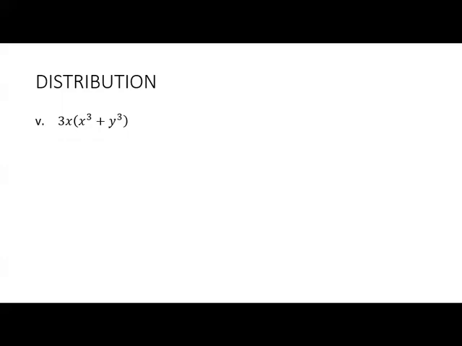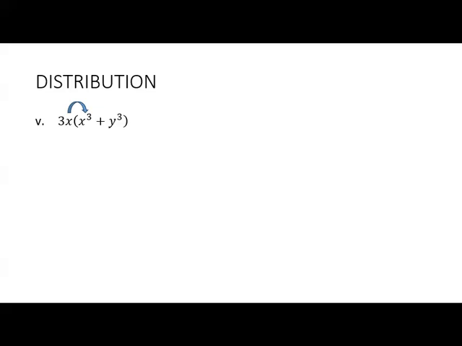Can I add x cubed and y cubed? I can't because they are not like terms. However, I can multiply them with the term that is outside the bracket, which is that 3x. You will take that 3x multiplied with the first term inside the bracket, so you will say 3x times x cubed.